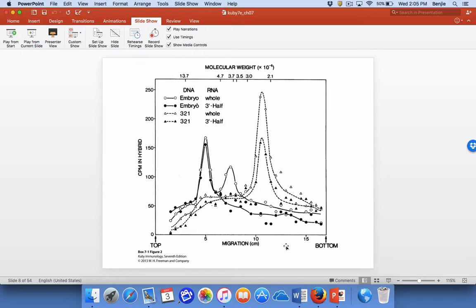They were able to look for those regions called constant regions of the kappa light chain or the lambda chain. The plot shows the amount of radioactivity in each fraction as a function of the migration distance, which reflects the molecular weight of the DNA fragments. So they know that there were some modifications that occurred in order to get those differences showing up.